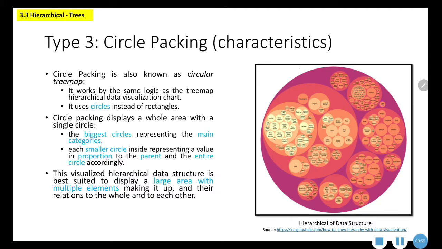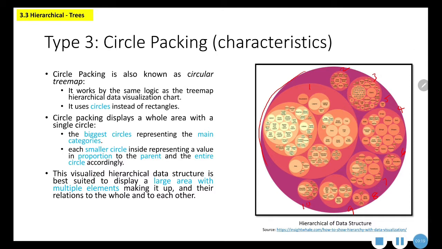For example, this outer circle is the parent, and it has how many children? 1, 2, 3, 4, 5, 6, 7, 8, 9, and 10.